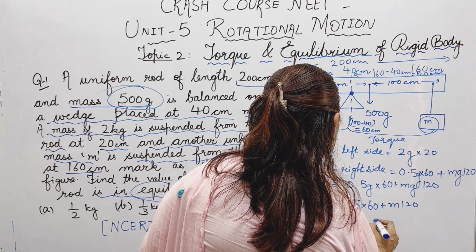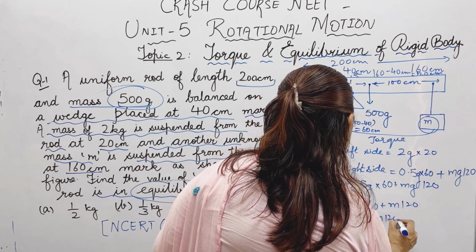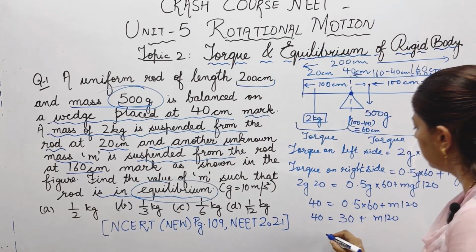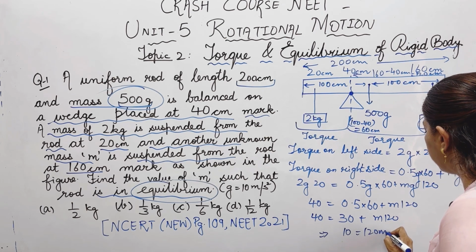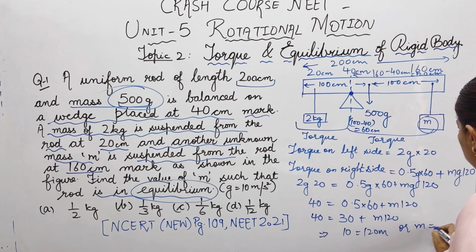From here we get 10 = 120 m, or m is equal to 10 upon 120. So the mass comes out 1 by 12 kg.